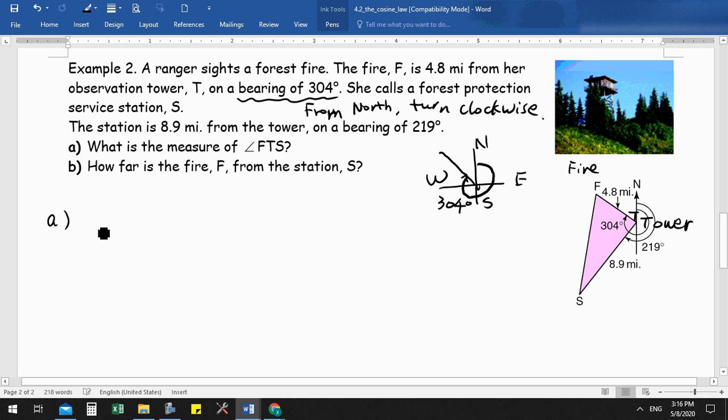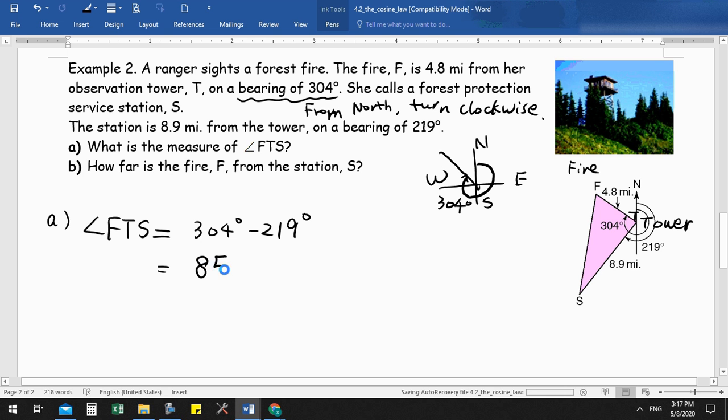So question A, angle FTS is 304 minus 219. Do the calculation with your calculator and you get 85 degrees.